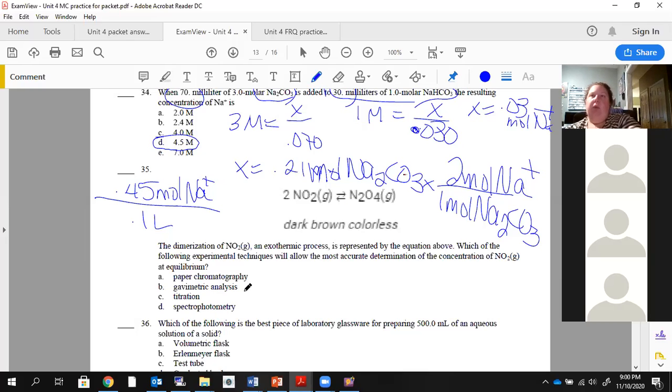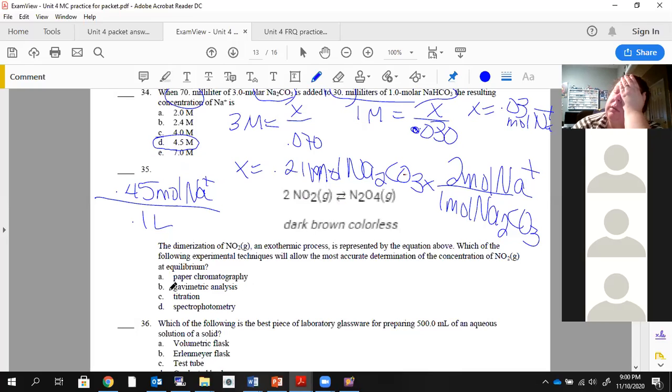Gravimetric analysis would work if we are making a solid out of something. Titrations, we haven't really talked about titrations yet. That'd be for reacting acids and bases together. Filtration works if you have a solid already.